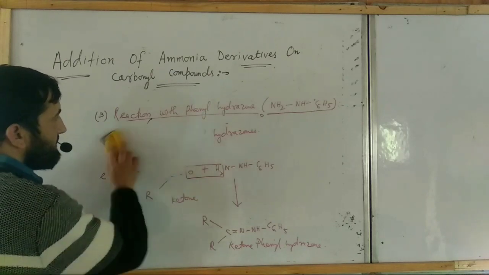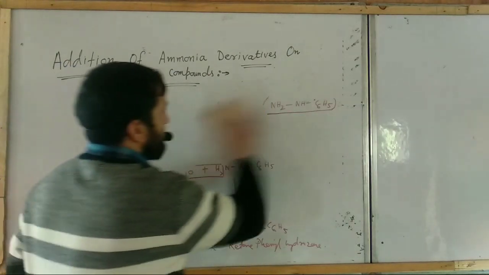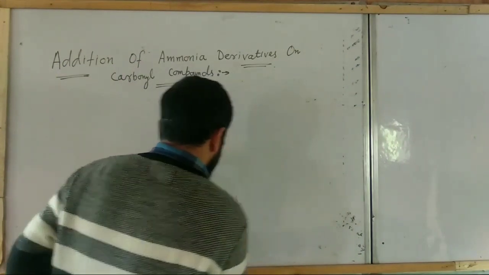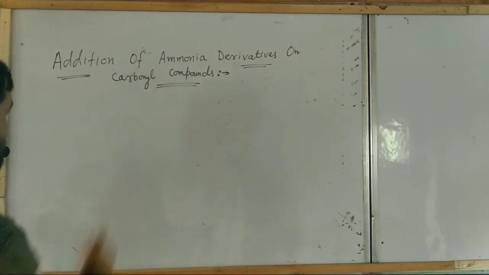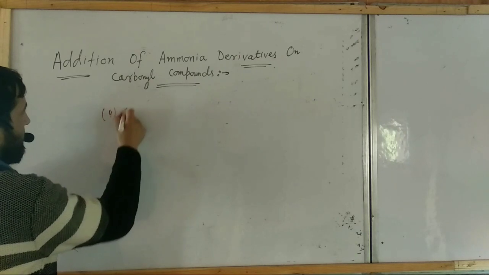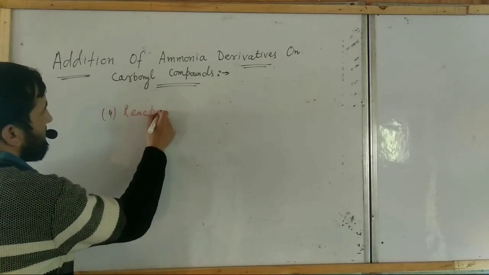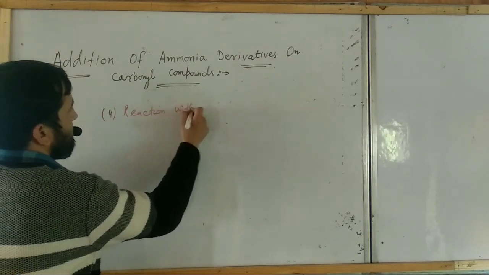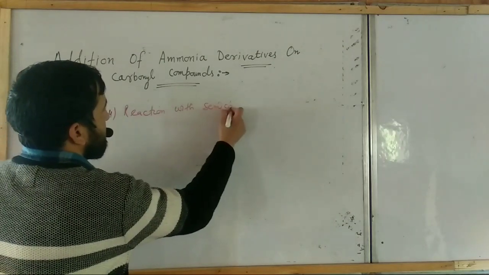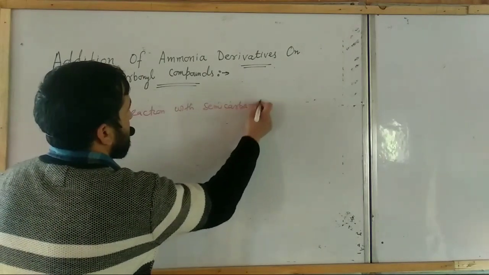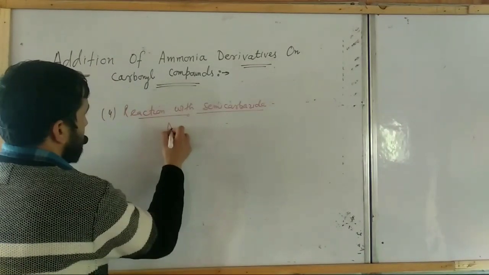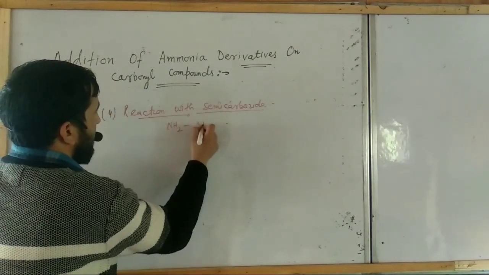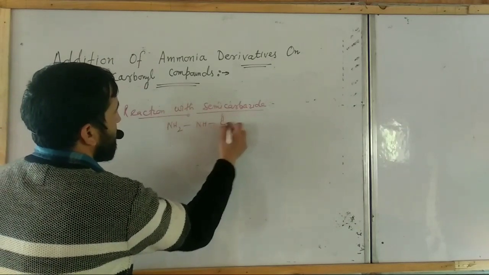Now the fourth one is reaction of aldehydes and ketones with semicarbazide. That semicarbazide is also the derivative of ammonia. So a reaction with semicarbazide, that is NH2 single bond NH, C double bond O, NH2.